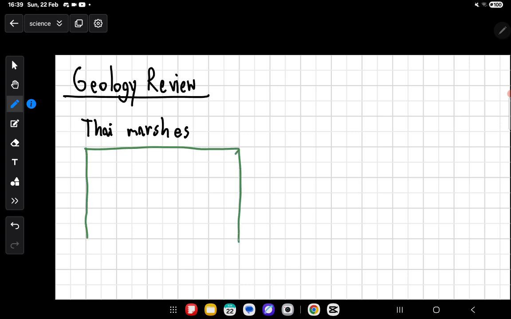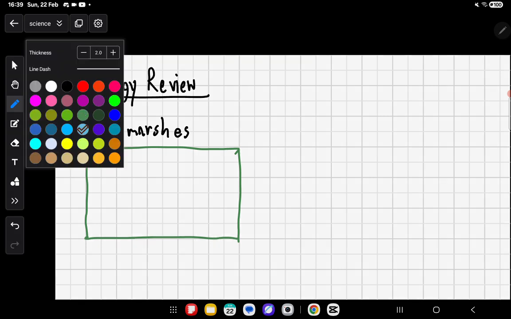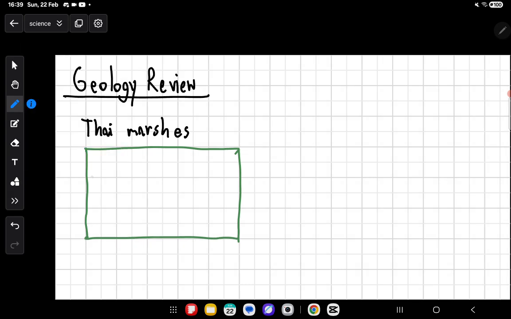Let's draw it right now. So the Borapech Marsh is connected to the Nan River and the Ping River. Let me write these down. It's connected to the Nan River and the Ping River.